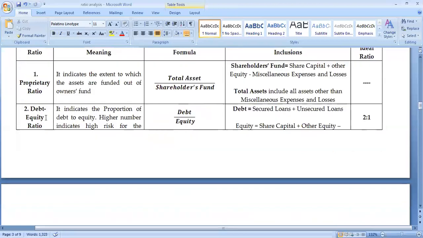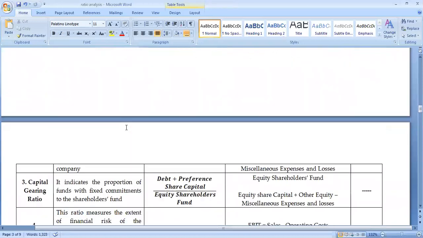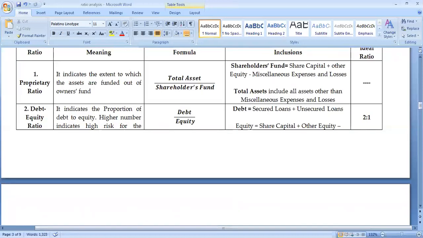Next one is the debt equity ratio. Debt equity ratio indicates the proportion of the debt to equity. So debt will be compared with the equity to find out whether there is any high risk or no risk in the business. A higher number indicates a higher risk for the company. So what does debt include?